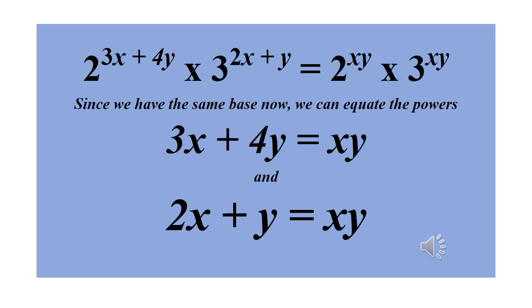So then, since we have the same bases now, we can equate the powers. We have base 2 and base 3 at the left side of the equal sign, and base 2 and 3 at the right side of the equal sign. So we have 3x plus 4y equals xy, then 2x plus y equals xy as well. So we have equation 1 and equation 2.